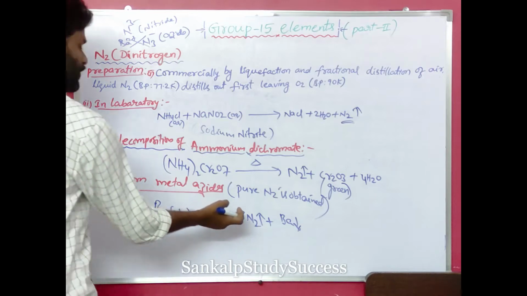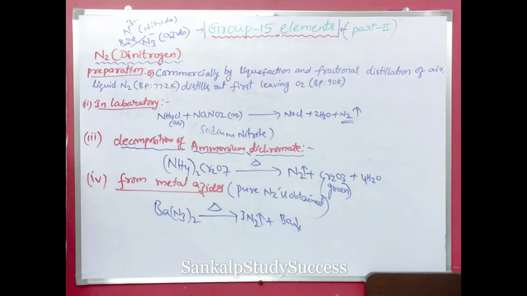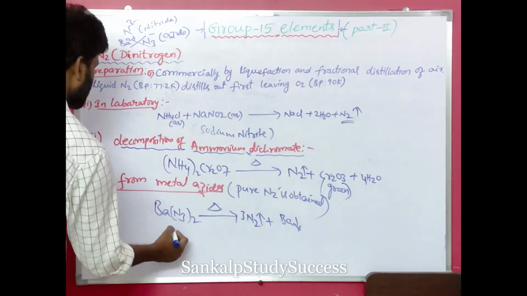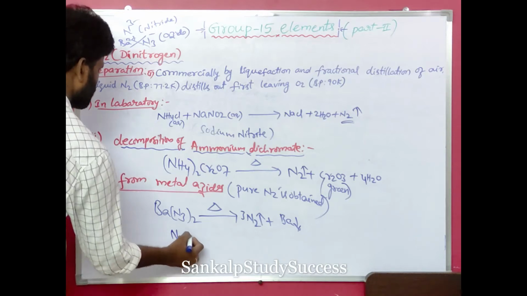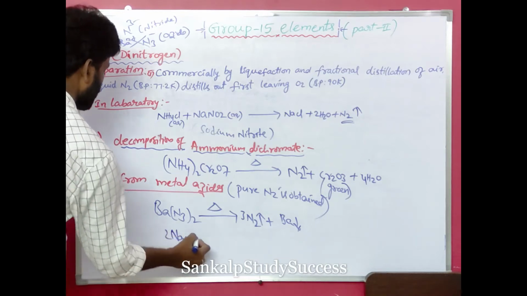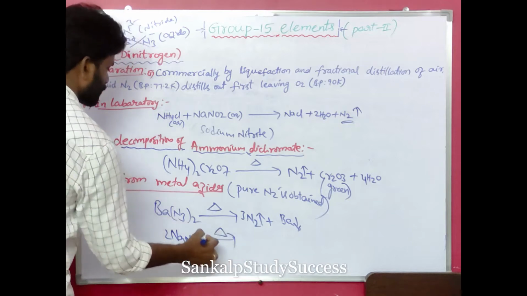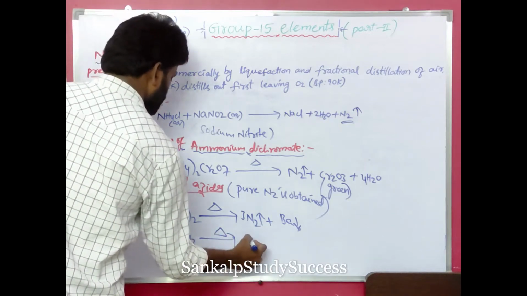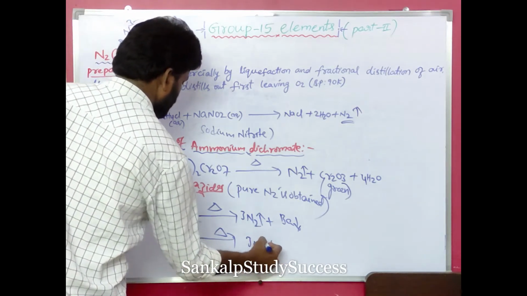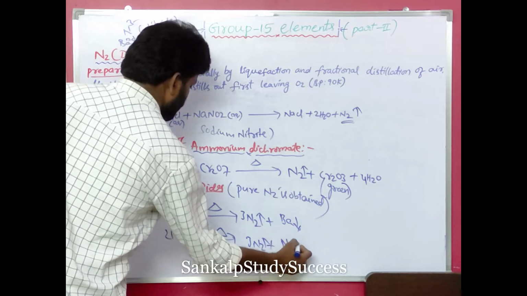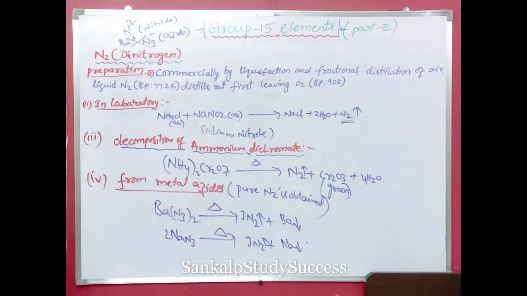In this method pure nitrogen is obtained. Similarly with sodium azide, NaN3, we get 3N2 and sodium metal. These are the preparation methods for dinitrogen.